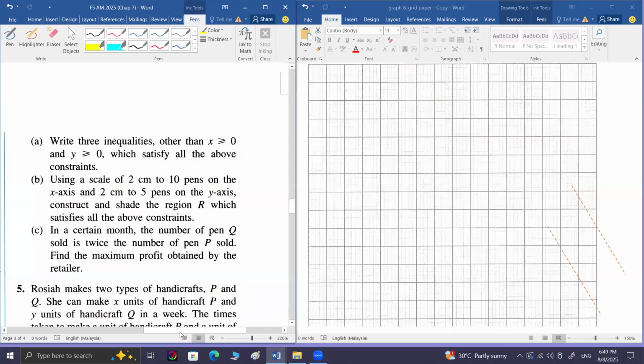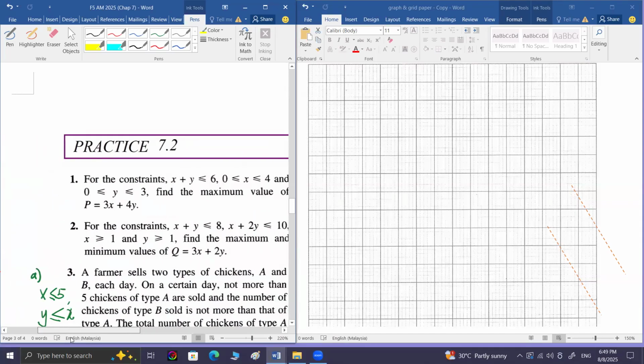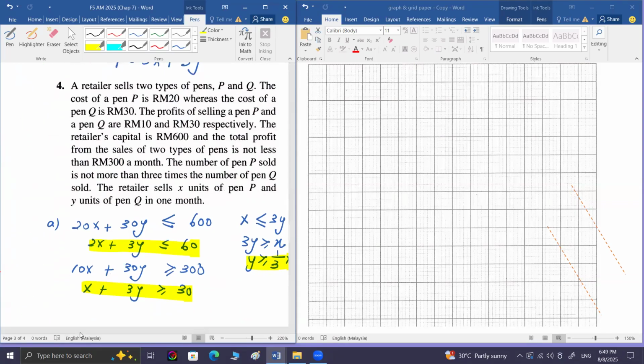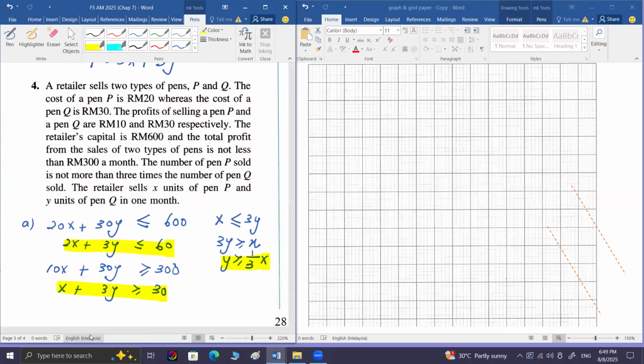Okay, I follow this first, class. Like just now, you follow my one. Y-axis 2 cm to 5.